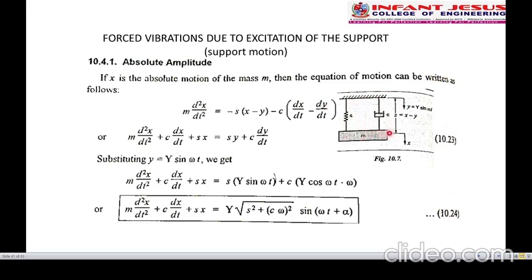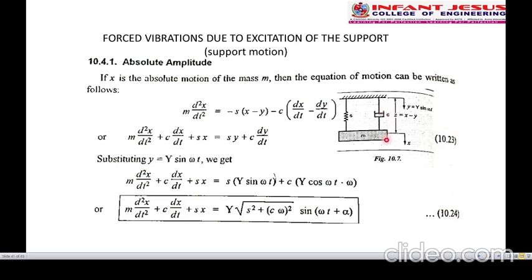That is, two displacements are there, x and y, so x relative to y should be taken. Absolute amplitude means if x alone is taken as the absolute mass, then it is absolute amplitude. Relative amplitude means this x is considered relative to the displacement y.